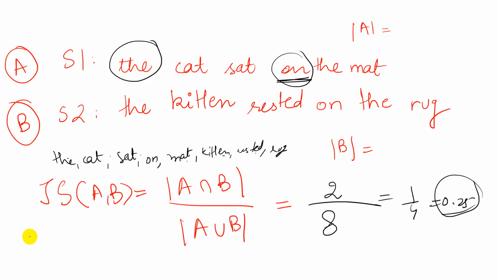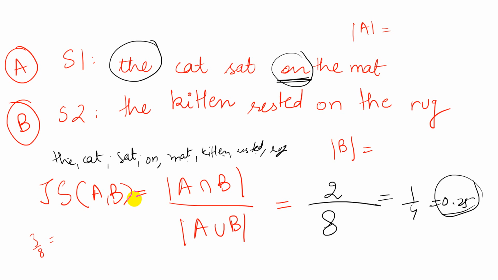So it will be 3 by 8. If we take the into account, I think they have taken 3 by 8. Then this should also change. Just a second. Let us see. Then rested on the rug. So 3 by 8, does it come out as 0.33? That also does not come out.